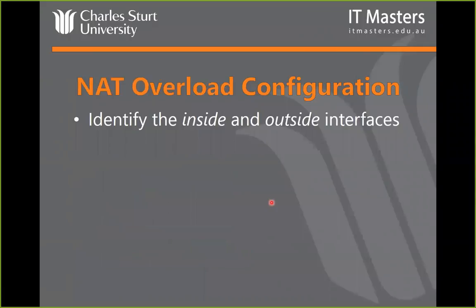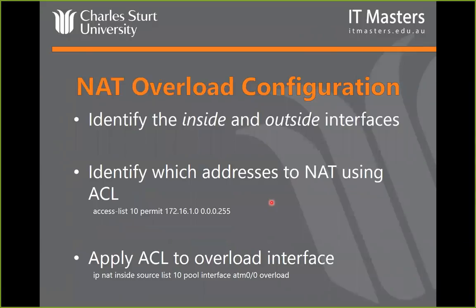Okay, so NAT overload configuration, last one we need to have a look at. Again, in this case, we're sending all IP addresses out, NATing them to a single IP address out. So we identify inside and outside interfaces, same as before. We identify the addresses we want to NAT using the ACL, same as before, okay, with this ACL here. We then apply the ACL to our overload interface, which in this case is ATM 0/0.